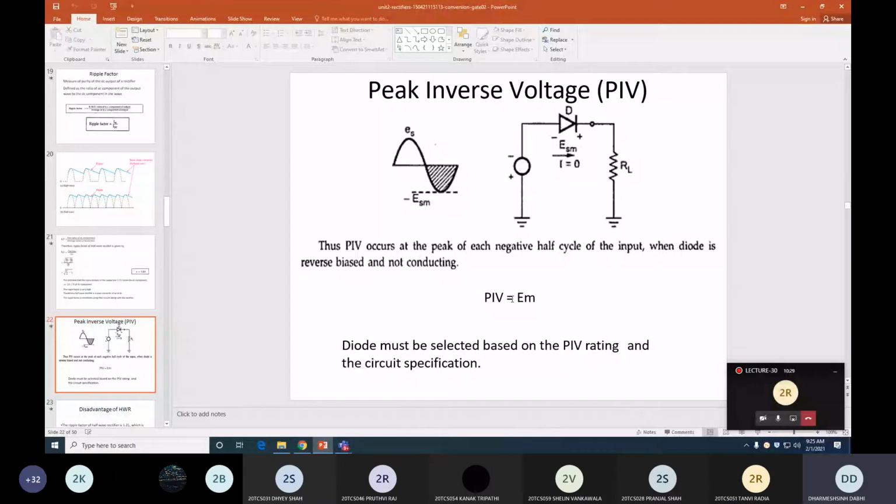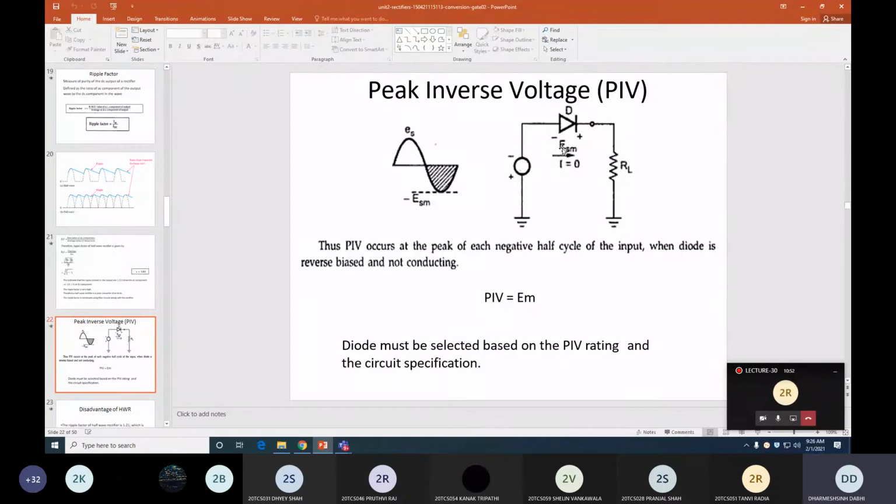Otherwise, what will happen? Suppose the peak inverse voltage is 230 volt, and suppose you select a diode for this half wave rectifier of 200 volt. So during the reverse bias mode, during the negative cycle of the supply, the voltage across the diode is minus 230, but the rating of the diode is only 200 volt.